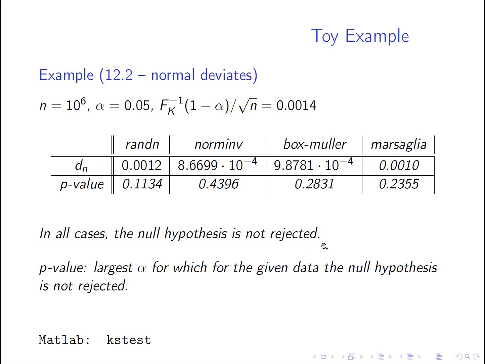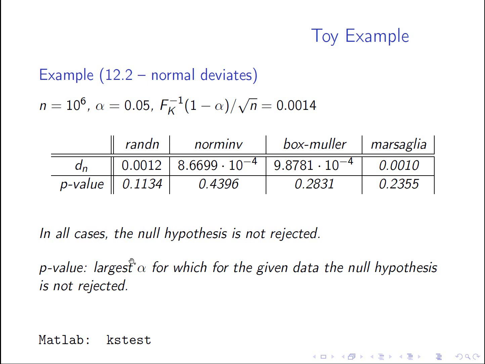So based on the Kolmogorov-Smirnov test, we cannot reject the hypothesis that the numbers we are getting in this sample are realizations of IID standard normal distributed random variables. There's another quantity I added here, the so-called p-value, and you see the p-value is always larger than alpha, here approximately 4 to 5 times, here 2 times.